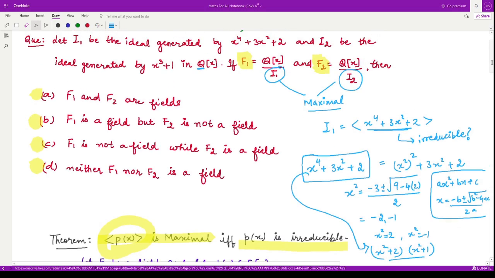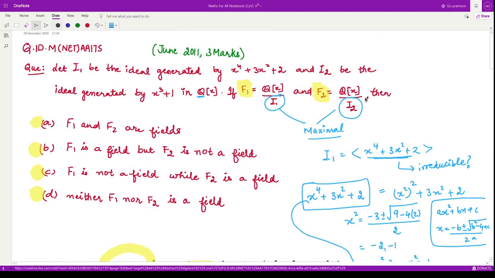Therefore, this polynomial is not irreducible, and hence the ideal generated by this polynomial is not a maximal ideal. Therefore, the given F1 is not a field. So this option and this option are cancelled by virtue of this property.